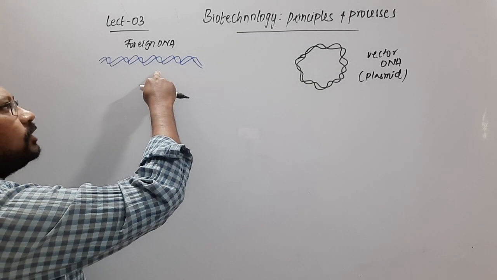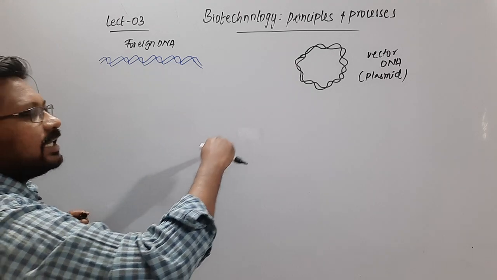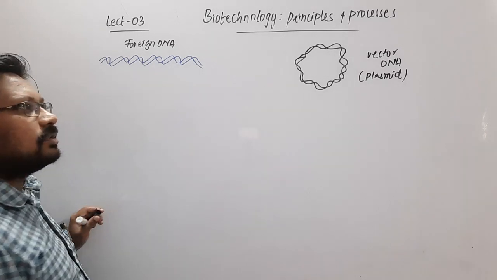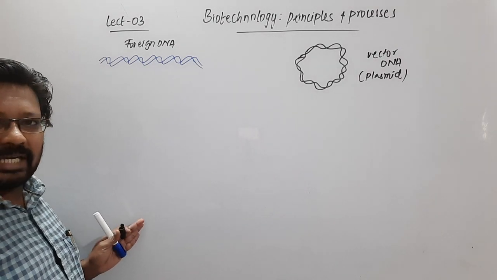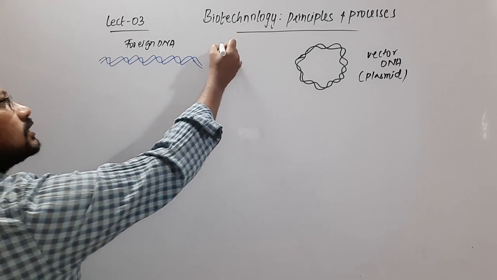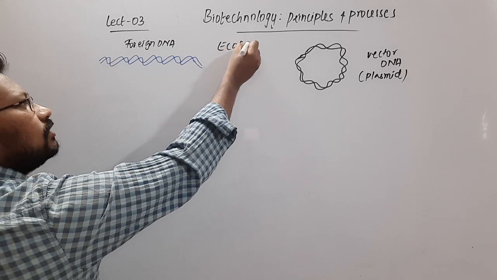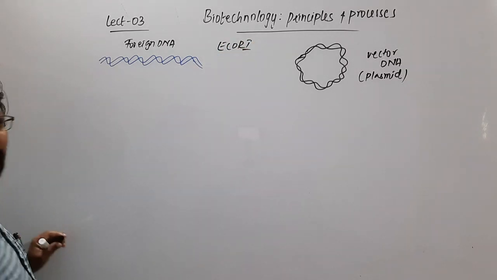If I use a different restriction endonuclease to cut the foreign DNA and to cut the vector DNA, then I will not be able to get the same type of sticky ends. Suppose I'm using this EcoRI restriction endonuclease on both these cases.